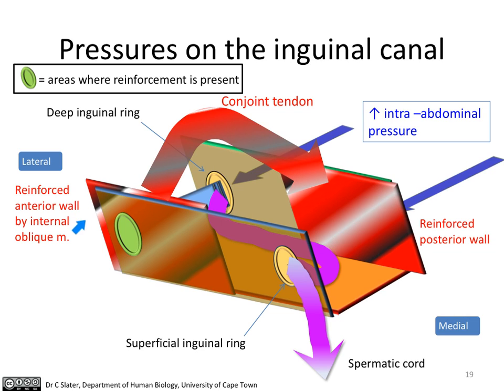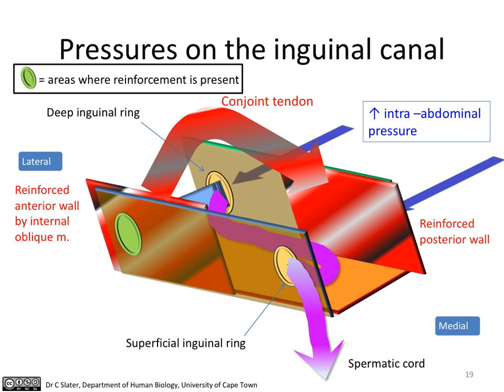So you will remember over here on the lateral side of the inguinal canal, there's the internal oblique muscle and also a little bit more laterally the transversus abdominis muscle, and these two muscles join together to form the conjoint tendon, which arches over the spermatic cord and runs down and attaches posteriorly in the inguinal canal. It attaches onto the pubis, and in doing so it reinforces the weak posterior wall.